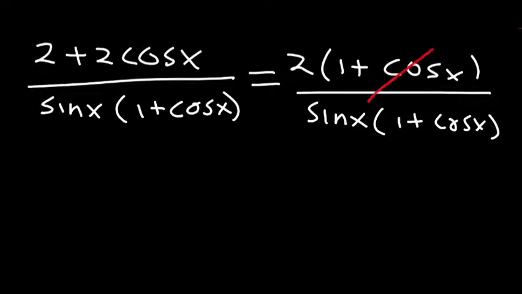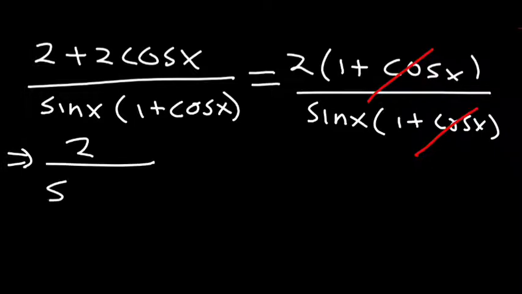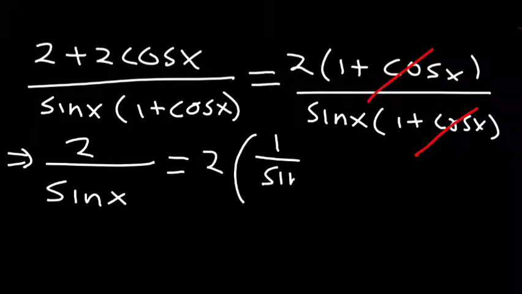So this 1 plus cos x and 1 plus cos x can go. And we've remained with 2 on top as our numerator and then sine x as our denominator. So this can be also written as 2 times 1 over sine x. It's the same thing, because when you distribute 2, it's still going to give you 2 over sine x.